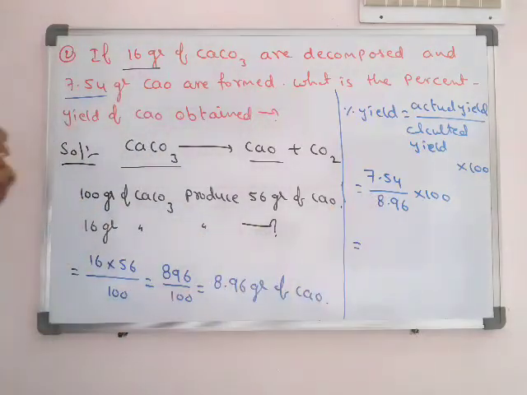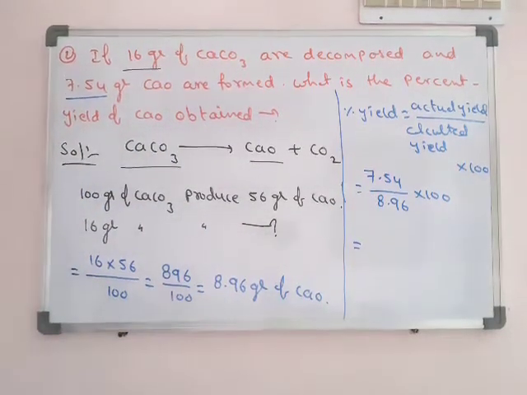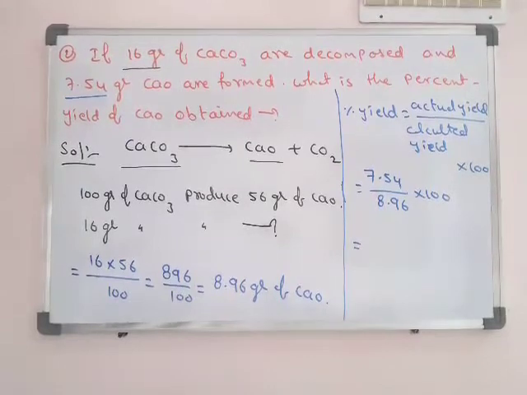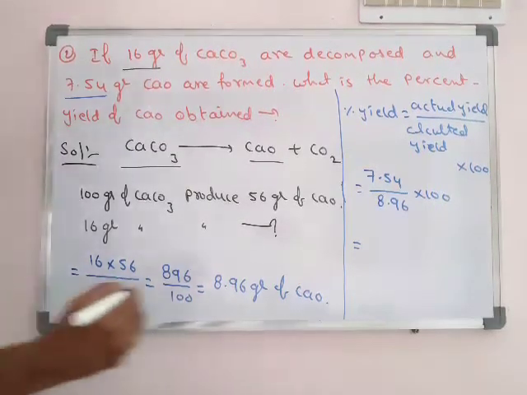On this calculation, just wait. 7.54 divided by 8.96, here we get 0.84.